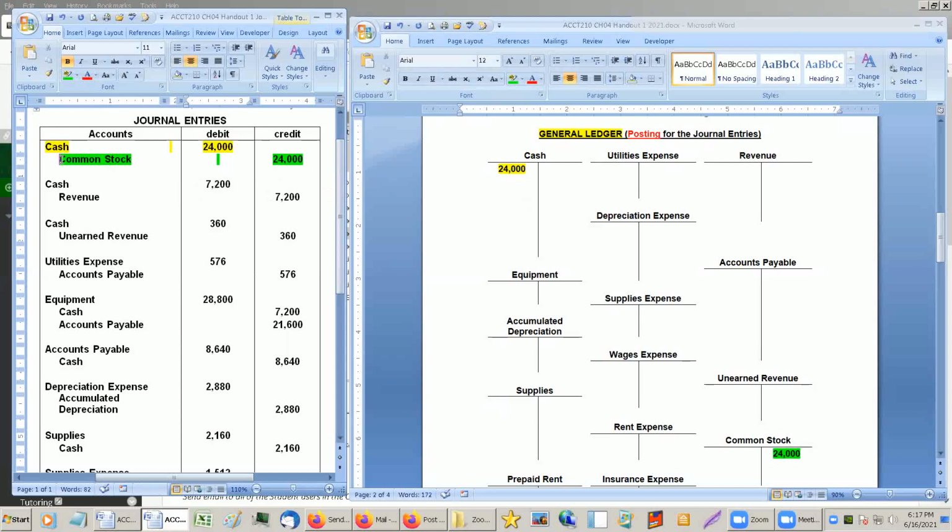Okay, so we'll just go through each of these. I'll make all the cash ones yellow.